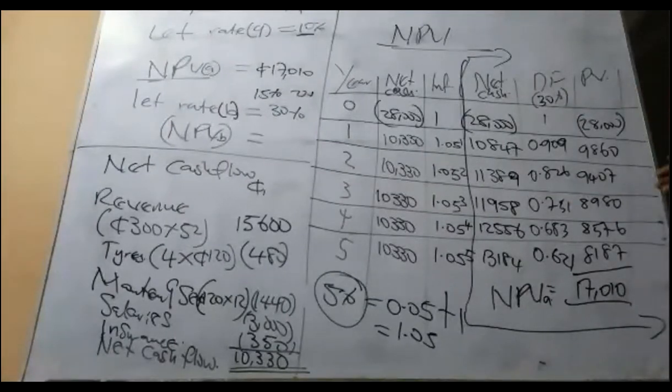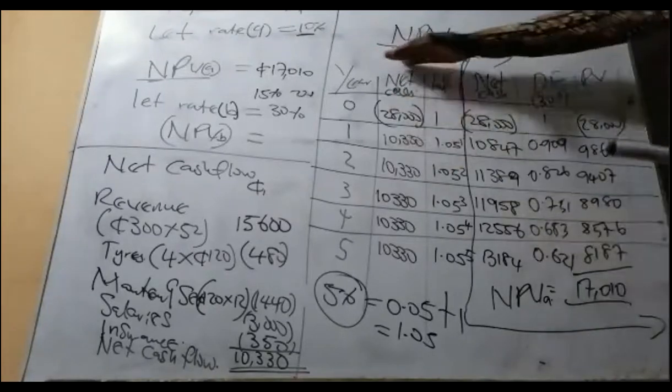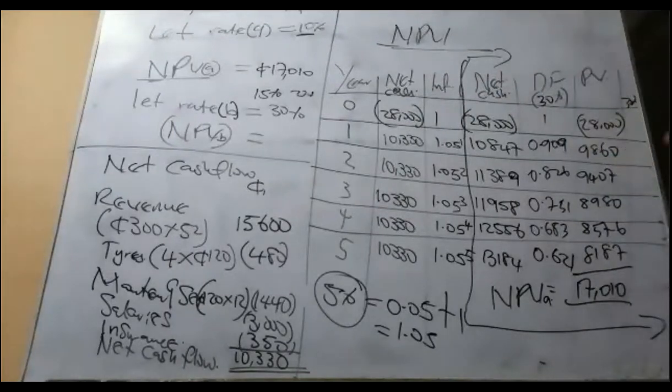Or you could have continued at 30% here and calculated the NPV on the same table. You can do that. If it had been 4 years, we could have done the other version. That's the landscape.